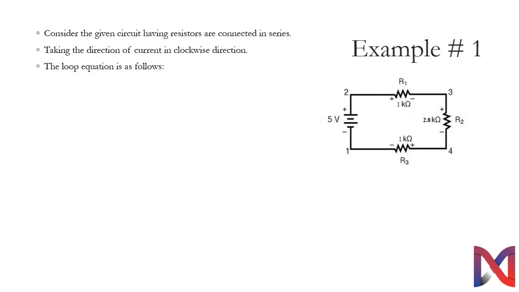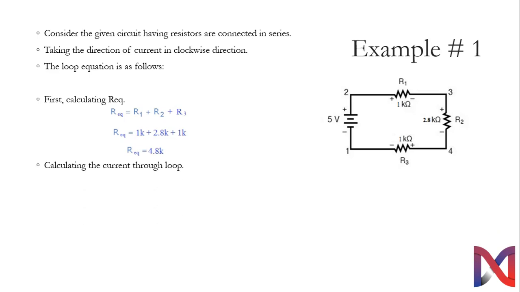So the loop equation is written with the direction of the current in clockwise direction. So we have R equivalent equal to R1 plus R2 plus R3. R equivalent will be equal to 4.8 kilo ohms.